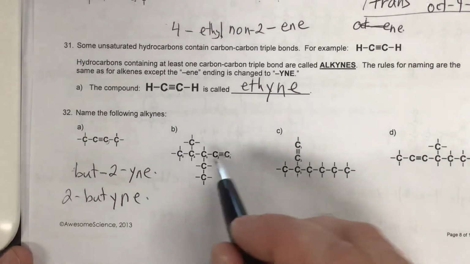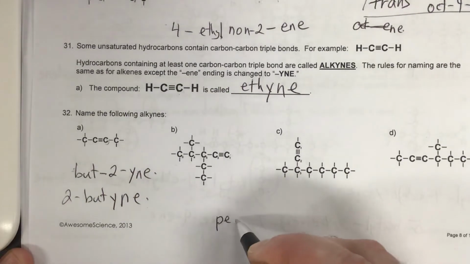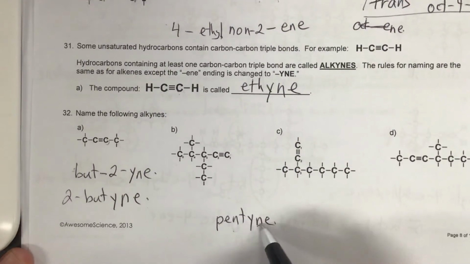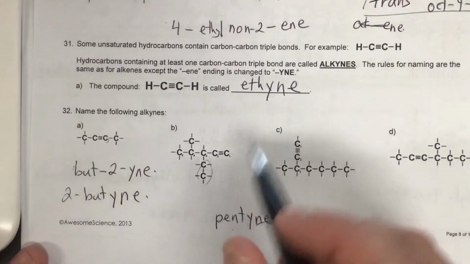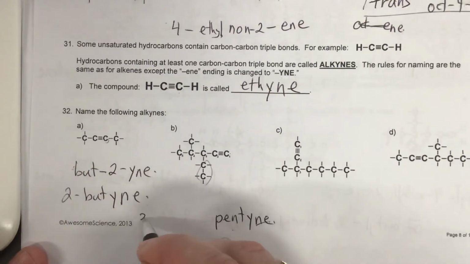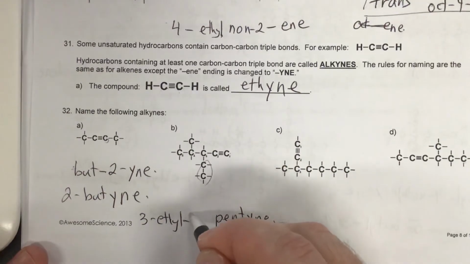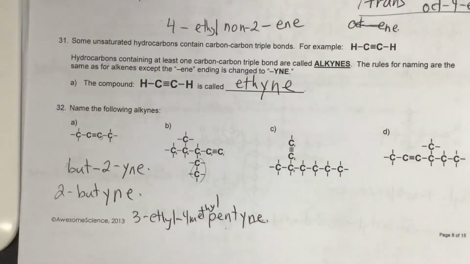So this is going to, it's got 5 carbons, so this is pentyne, 5 carbons, triple bond, pentyne, and then I've got an attached ethyl group, so I've got 3-ethyl, 4-methyl, pentyne.